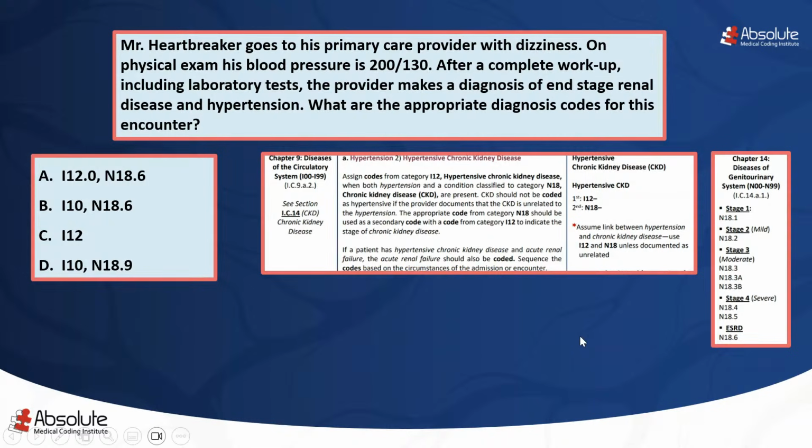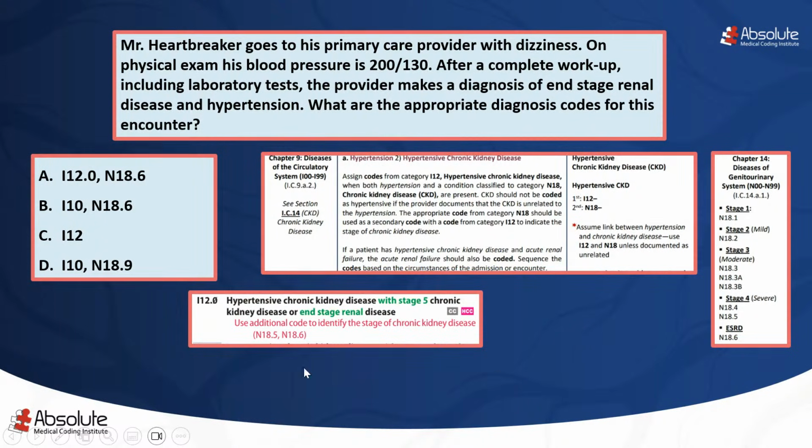So that is why our answer is going to start off with I12, hypertensive chronic kidney disease with stage 5 chronic kidney disease or end-stage renal disease. And if you look at the note right here, it says use additional code to identify stage of chronic kidney disease. So the guideline and the note under here are both going to direct you to use that second code.